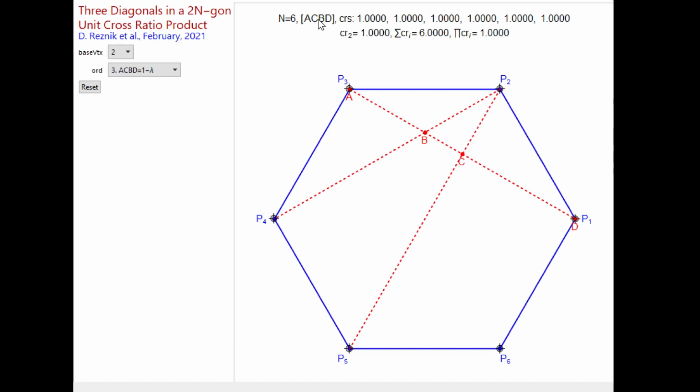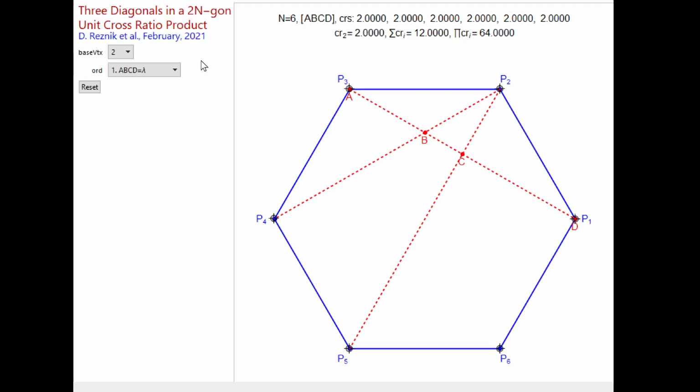Now it turns out that with respect to the very first measurement, ABCD, if you actually do the third choice here, ACBD, 1 minus gamma, you're going to get 1 minus the first cross ratio. So recall the first cross ratio was 2.